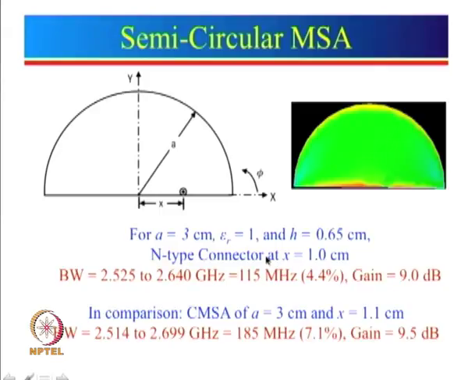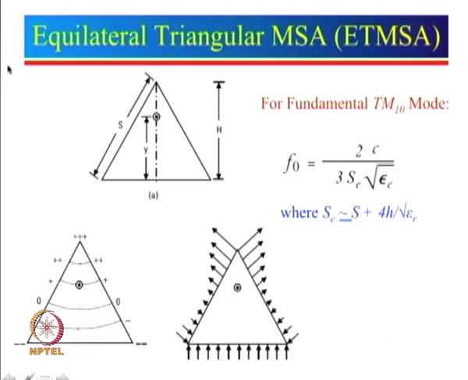Okay, now we will go to the next configuration, which is an equilateral triangular microstrip antenna, ETMSA. So again here several modes are possible. We will look now only at the fundamental mode, which is the TM10 mode. I will explain where is 1 and where is 0, but let us first look at the equilateral triangular geometry.